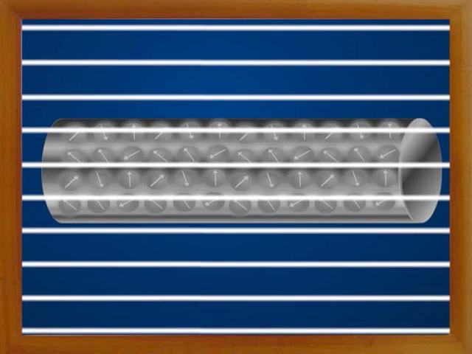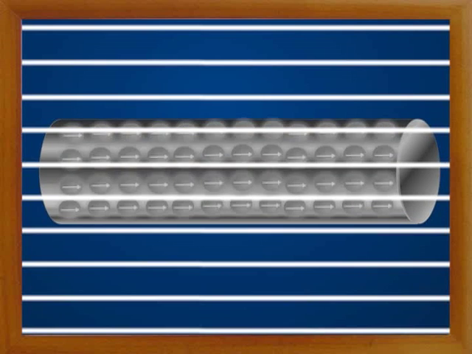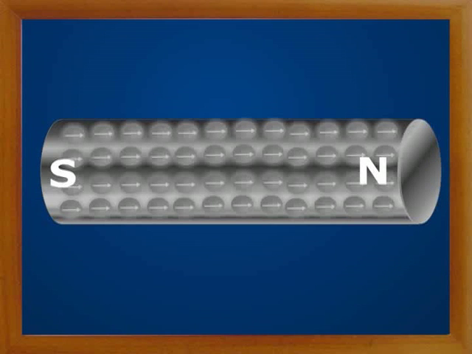However, when an iron rod is magnetized, the domains expand in space such that all the arrows align themselves parallel to each other in a single direction. For an ideal magnet, there would be a single domain with all the molecular magnets pointing in one direction. Thus, the specimen acquires north and south poles and becomes a magnet.